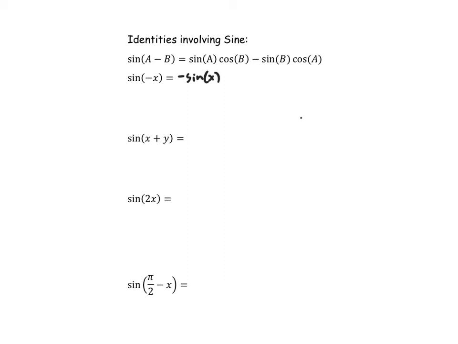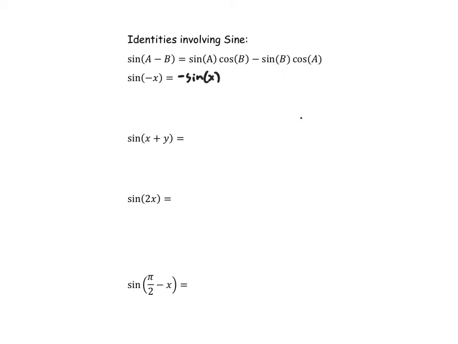Okay, sine of x plus y. First of all, I guess I failed to go over this, but sine of a minus b is sine of the first, cosine of the second angle, minus sine of the second angle, cosine of the first. So the minus is the same, so sine is the same. Cosine is contradictory.